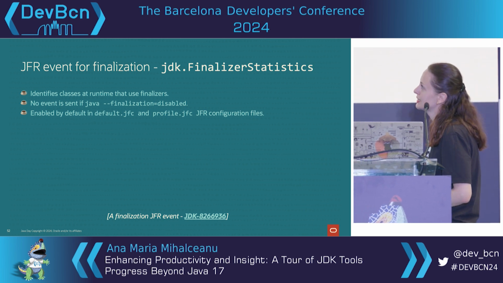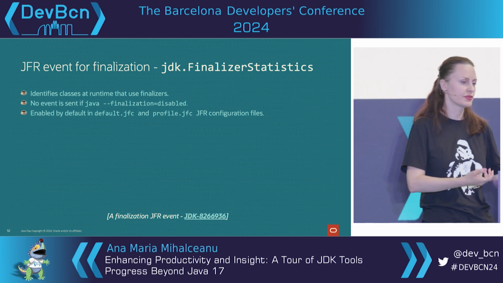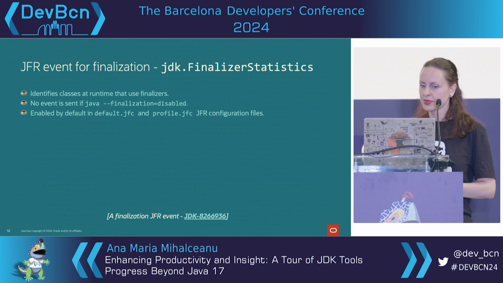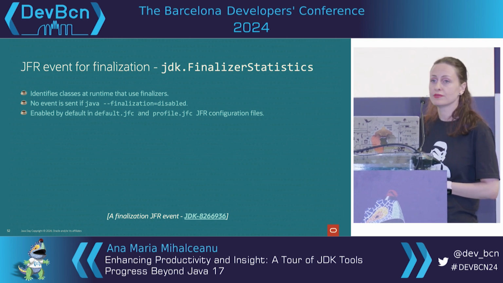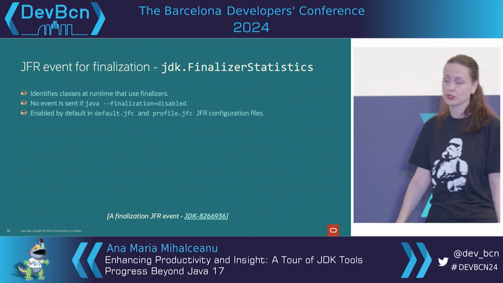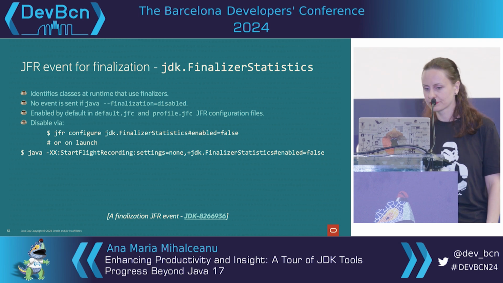Thanks to this one, you can detect which parts of your code are using finalization and have that in your JFR file. And it's, of course, enabled by default in the default.jfc and profile.jfc configuration files that are shipped with OpenJDK. So it's, by default, helping you to identify that.